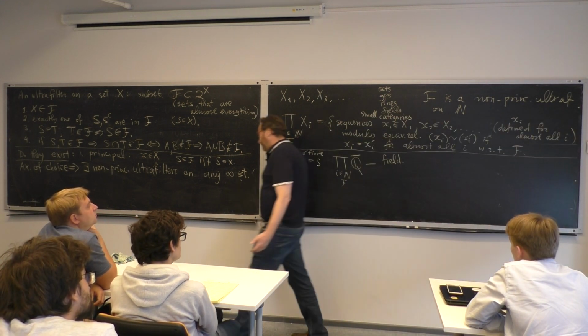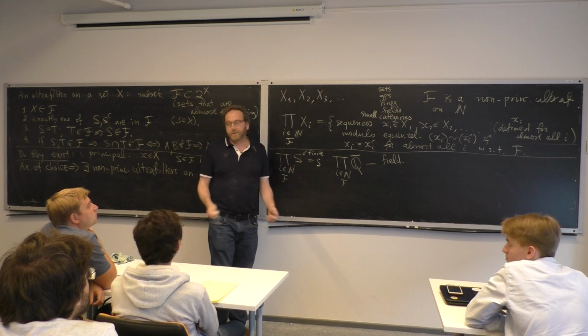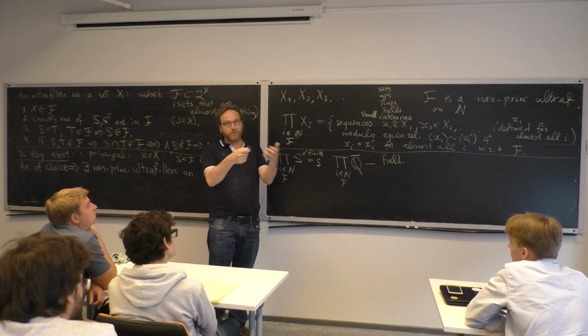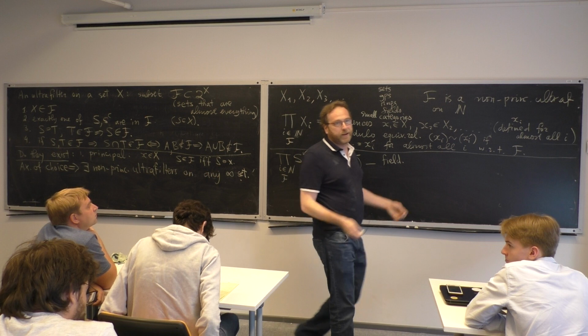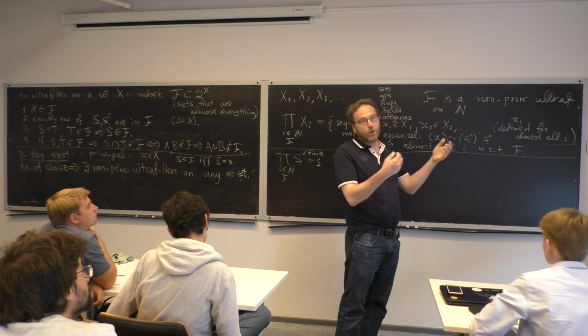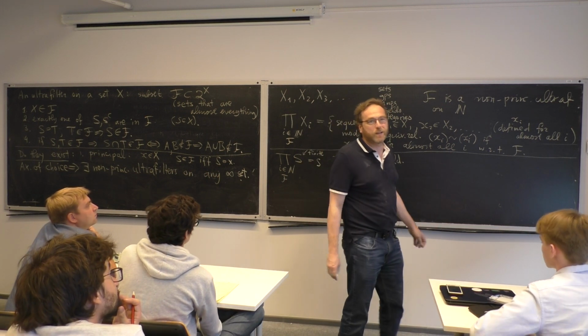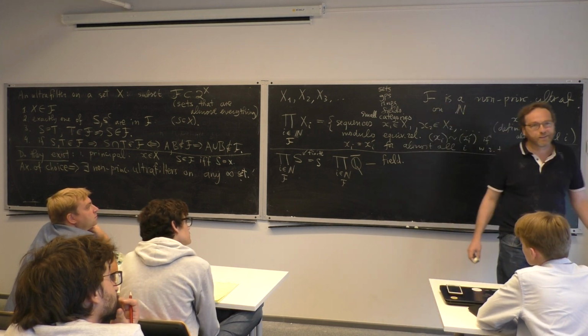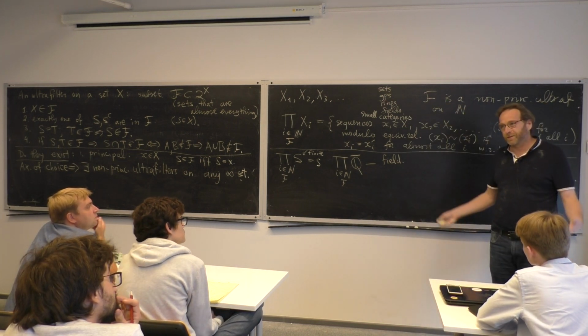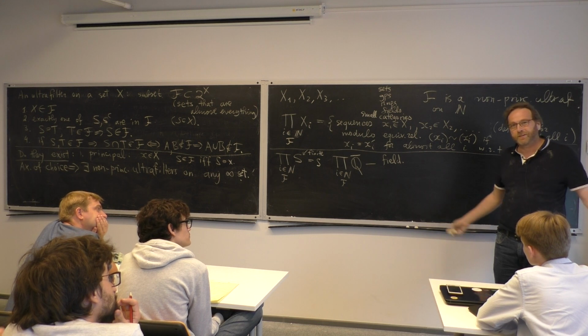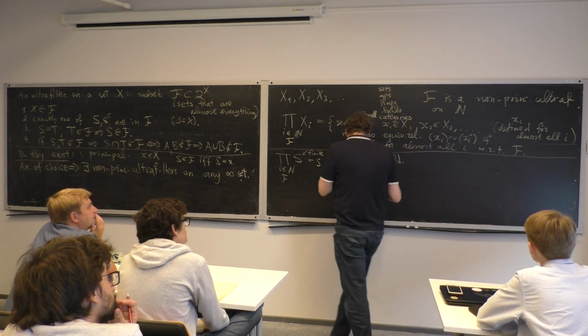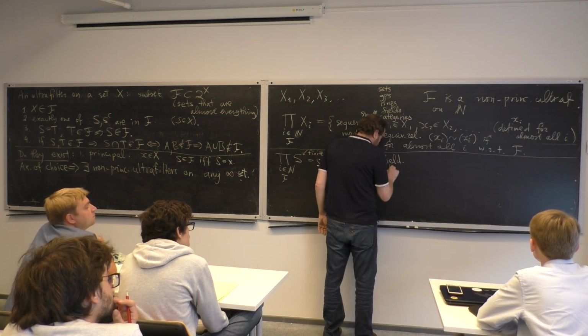That means that it is not 0 almost everywhere. So that means we can invert it almost everywhere. And where it is 0, we cannot invert it, but we don't care because values on a set which is almost nothing don't matter. So it's a field. It has characteristic 0.